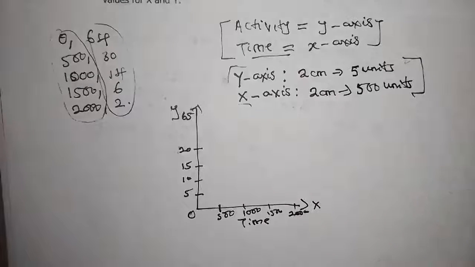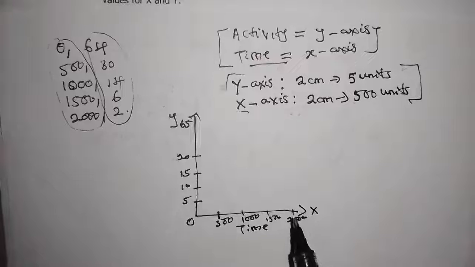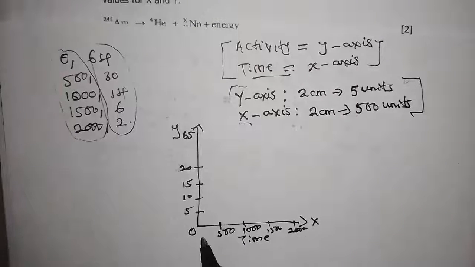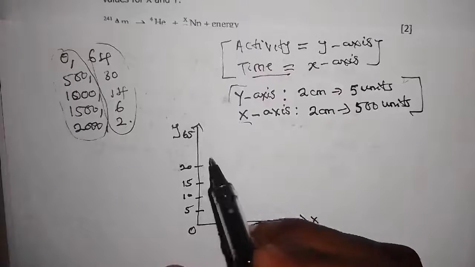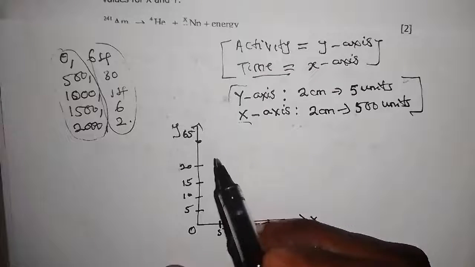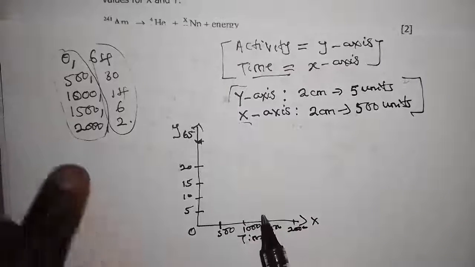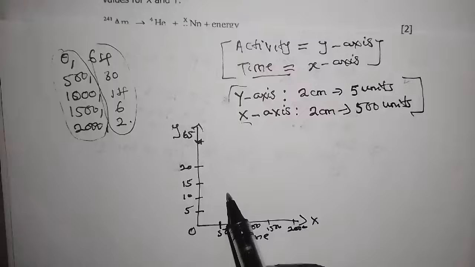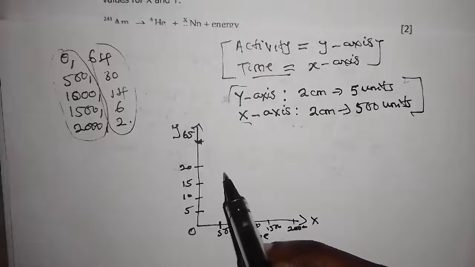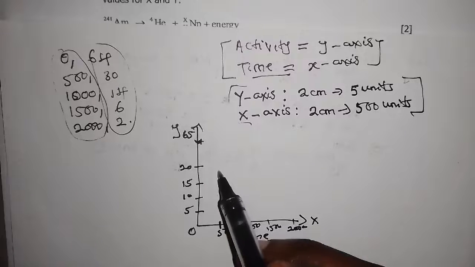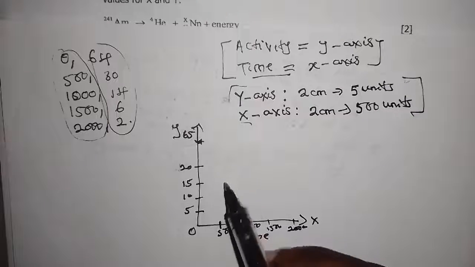Follow the scale. So once you plot it, you have 0, 64, which will be somewhere there. Then 500, 30, which for the sake of argument is somewhere there.